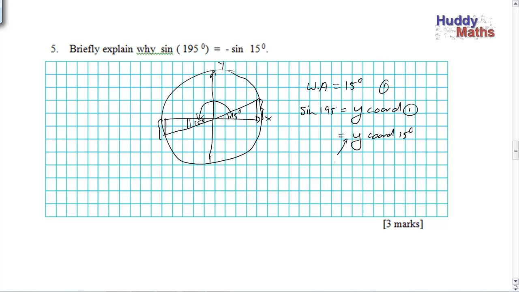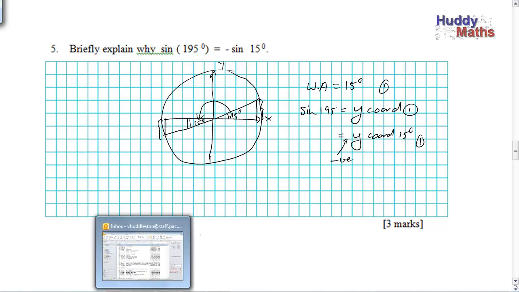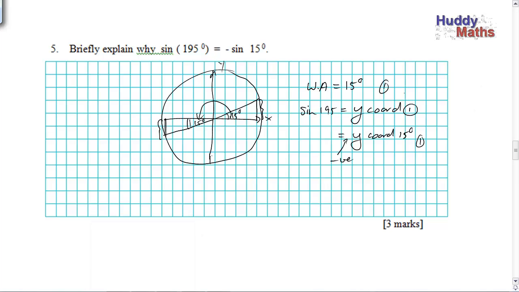So that's your final thing there. So first of all, relate it to a working angle in the first quadrant, state that the sine is the y coordinate, and that the relationship in those two triangles is that's a positive and that's a negative. In any way you want. Perhaps you won't do it as mathematically as what I've done, but that's what I'll be looking for.